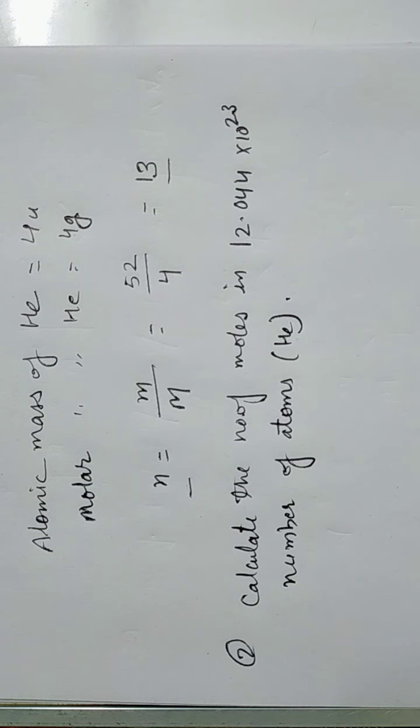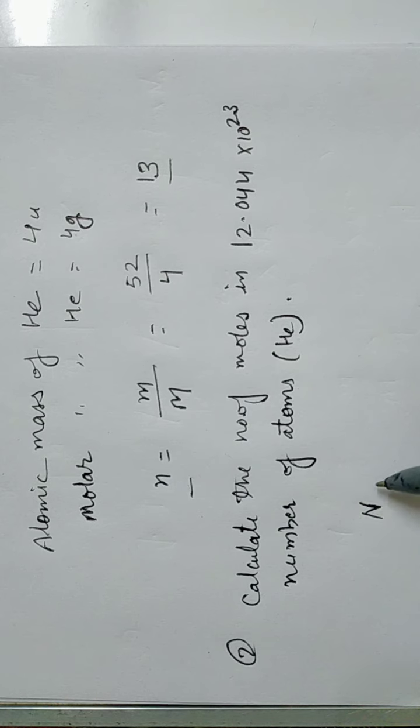Now the next question is: calculate the number of moles in 12.044 into 10 to the power 23 atoms of helium. This time we will use our second formula. What was the second formula?